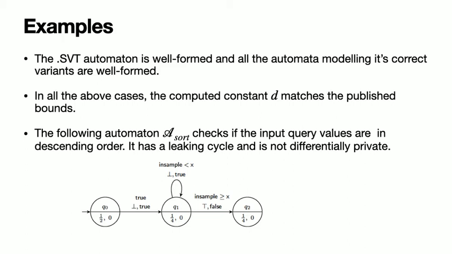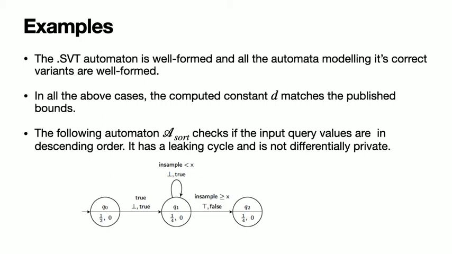Now, if you look at the following automaton, A sort, it is almost equivalent to the SVT automaton, except that the self loop in the state Q1, the third component of it, is the value true instead of false. This automaton basically checks if the given query values are in descending order, but when it gets the first query value that is greater than or equal to the previous query value, it outputs top and terminates.